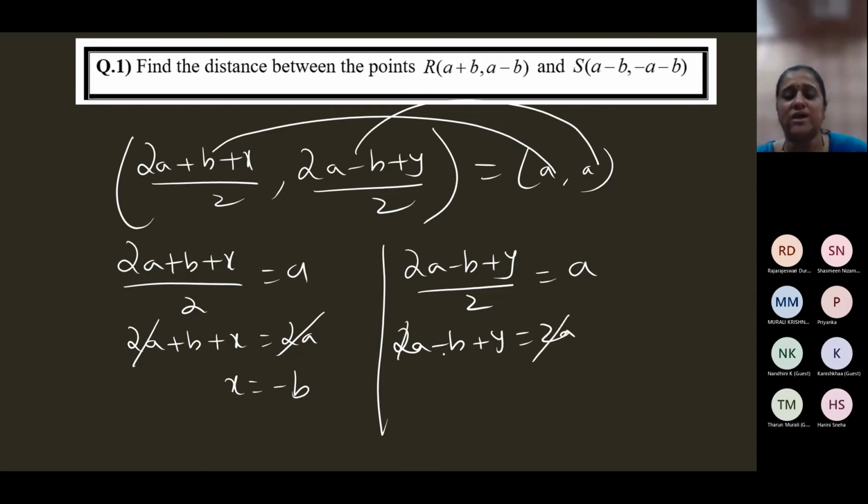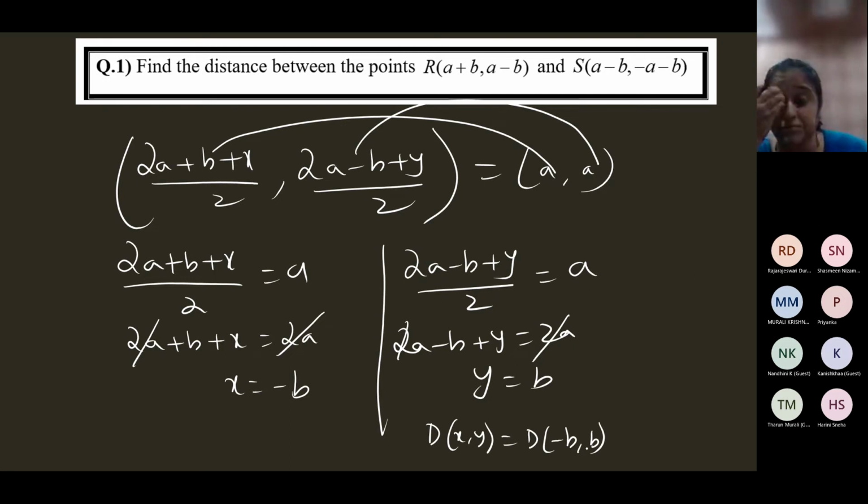Cross multiplying, it gets cancelled. So you're finding the value of Y. So Y is equal to B. So X is minus B, Y is B. So the coordinates of D, X comma Y, is minus B comma B.